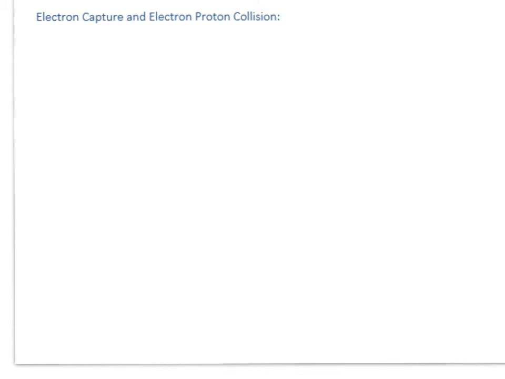Let's have a look at some more complicated decays. So electron capture, got our time axis there. An electron is captured by a proton using the weak interaction. So you have your proton going in, and you have your electron going in.